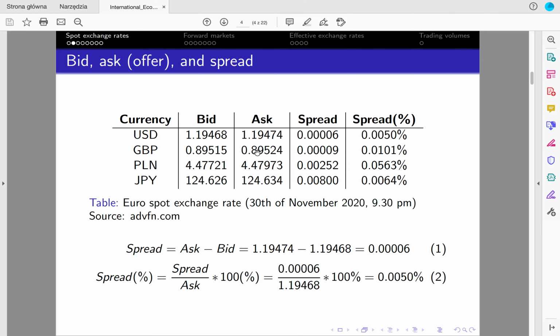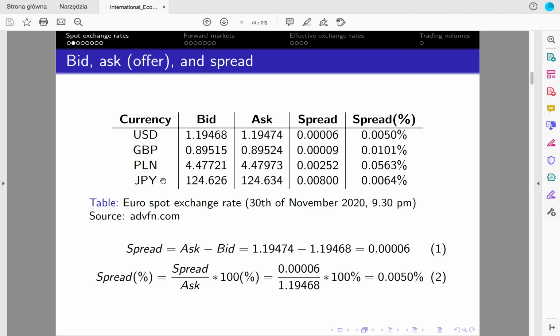They change not only on a daily basis, they change sometimes from minute to minute. And look, like every price, they depend on demand and supply. And because foreign exchange markets tend to move very, very quickly, this impacts, of course, the changes in exchange rates.